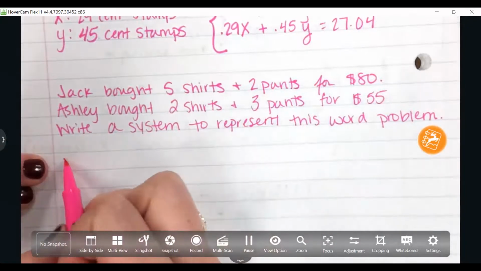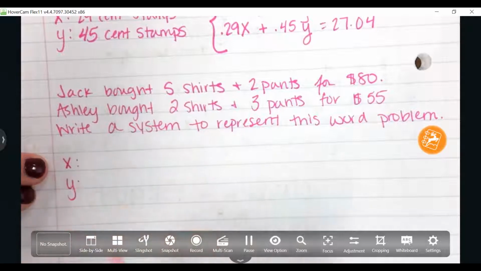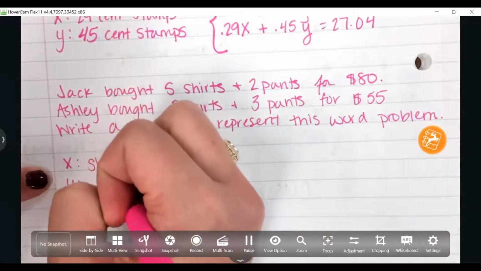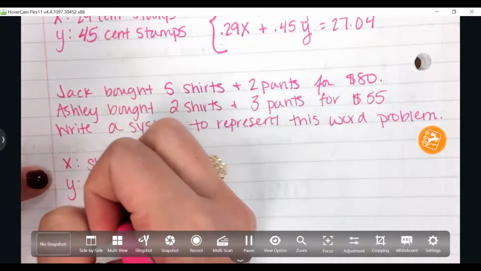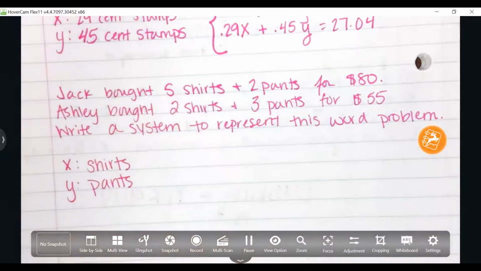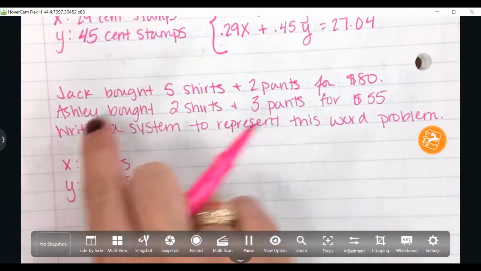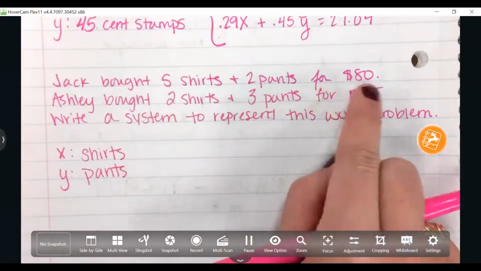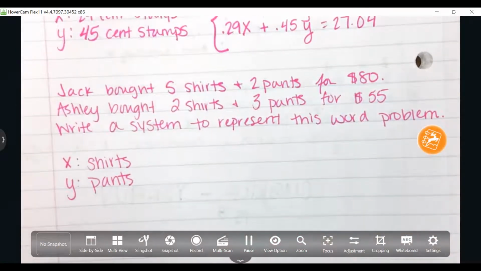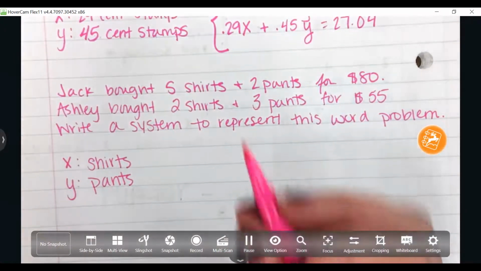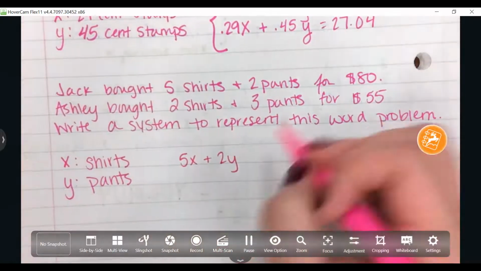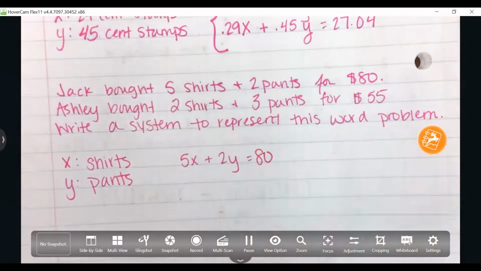So I need an X and I need a Y. X can stand for shirts and Y will stand for pants. Jack bought 5 shirts and 2 pants for $80. How do I write an equation for that? 5x plus 2y equals 80.